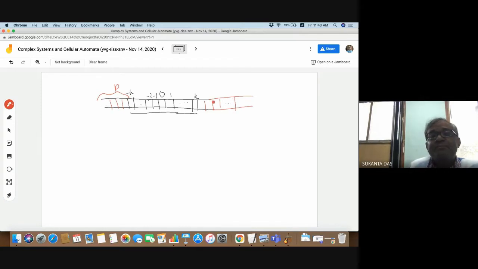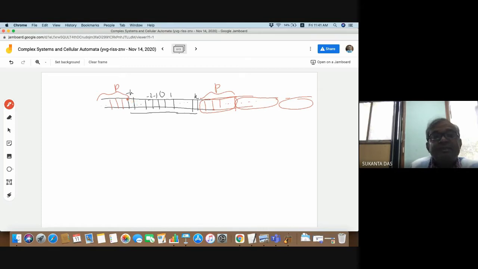Now this sequence is repeated over this lattice, over the right hand side. This part is again repeated here, again repeated here, in this way.